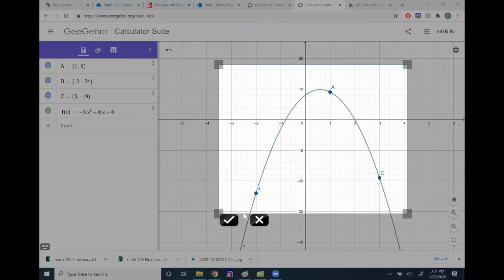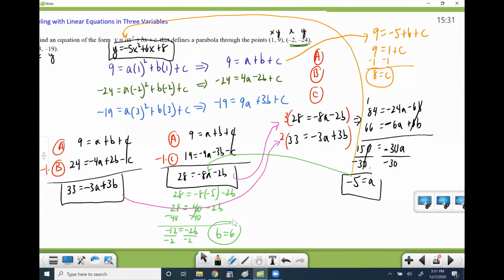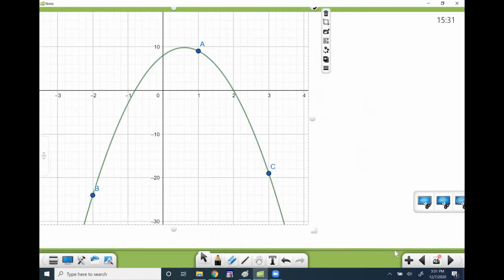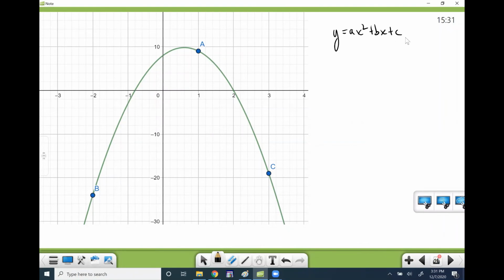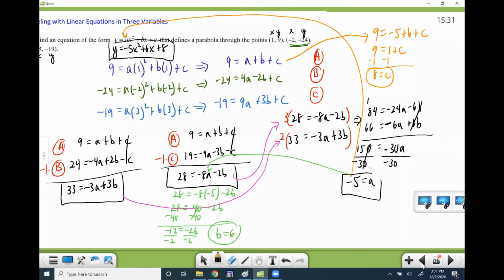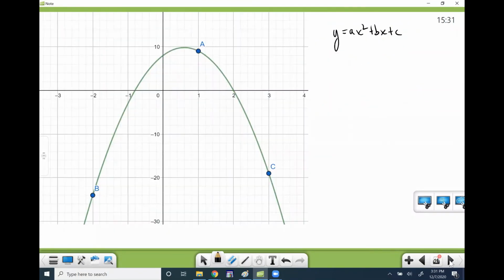Okay, so I'm going to get a screenshot. Let me take it to the next slide. And let's go ahead and write this down. And we got -5, 6, and 8 as our ordered triple. Those are what you're going to plug in for your A, your B, and your C. Cool.